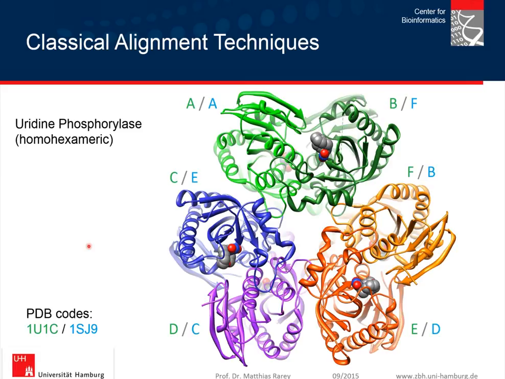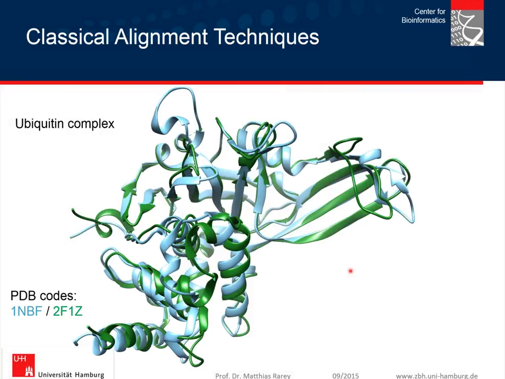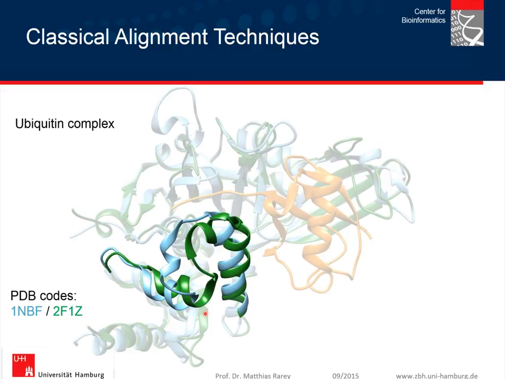The usual answer at this point would be, okay, we make a structural alignment. There are structural alignment tools, but that doesn't fulfill all the needs we have for aligning binding sites. Here are two proteins. This is an ubiquitin complex. Here's a second part, which is not of importance for us. We are looking only at this region here, which is close to the binding site.